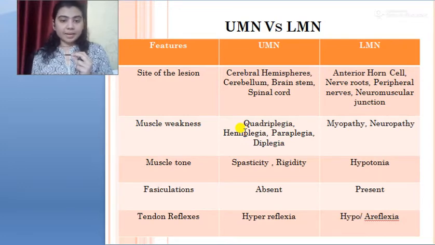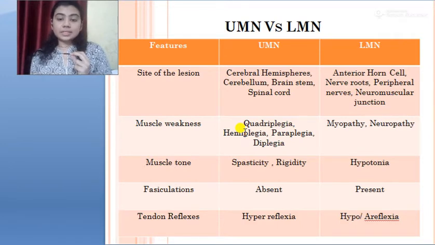Third will be depending on the muscle tone, it can be a spasticity or rigidity. Spasticity is velocity dependent, means as soon as we increase the movement while checking the tone, the spasticity will increase. The rigidity, in contrast to the spasticity, is non-velocity dependent. Means the rigidity will remain the same even though we are increasing the range of motion during the assessment of tone.